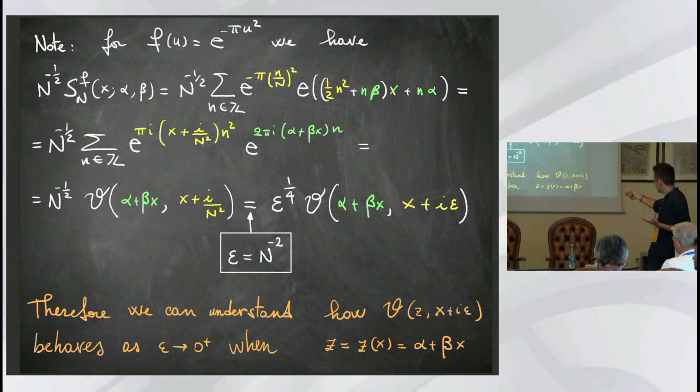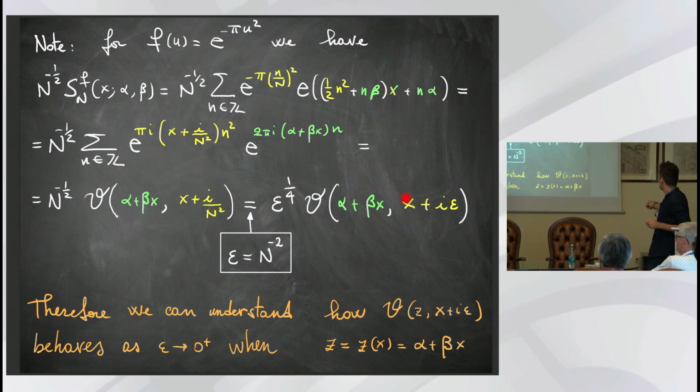So now I changed names of my variables. I call epsilon equal to n to the minus 2. And so I'm really looking at the Jacobi theta function where the variable tau is near its natural boundary. Think of epsilon equal to 0 giving you the natural boundary as we discussed. And then the other variable z is tied to the real part of tau.